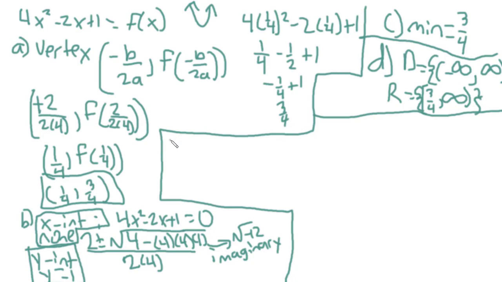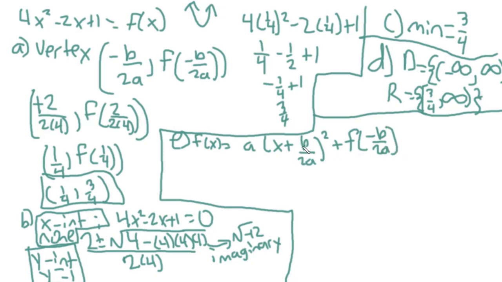And now if I want to figure out this in vertex form, you could complete the square. So you can refer back to previous video on how to complete the square, because completing the square will get you the vertex form. Or you can use the formula, and the formula for it is f of x equals a times x plus b over 2a squared plus f of negative b over 2a.